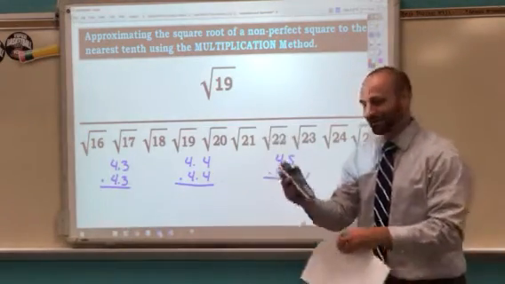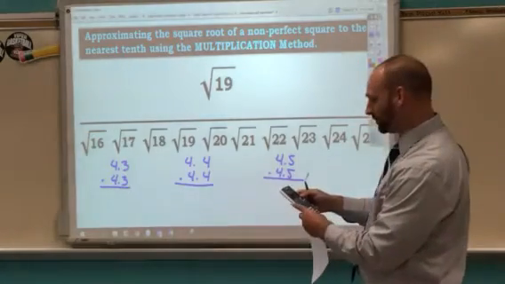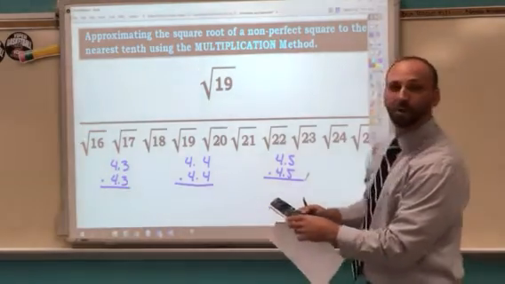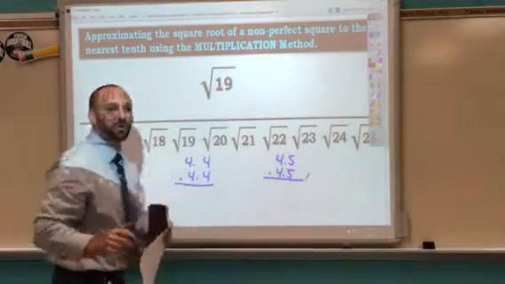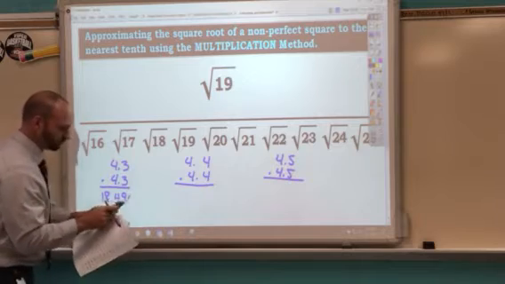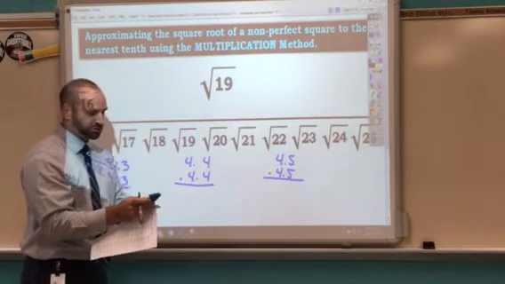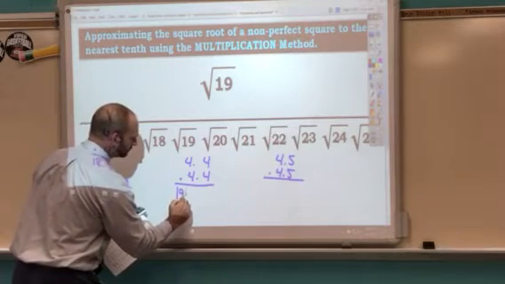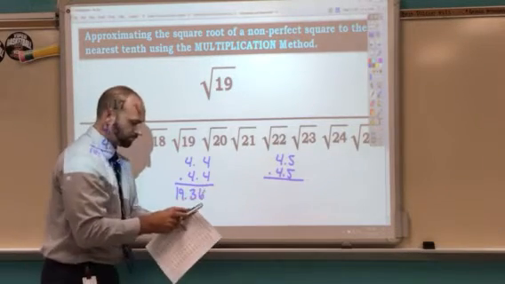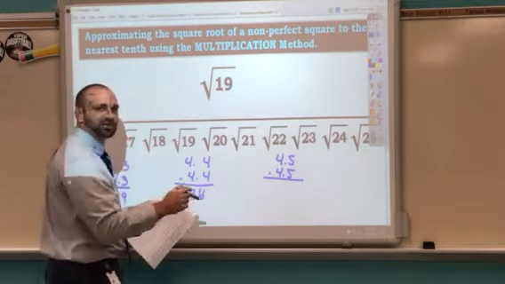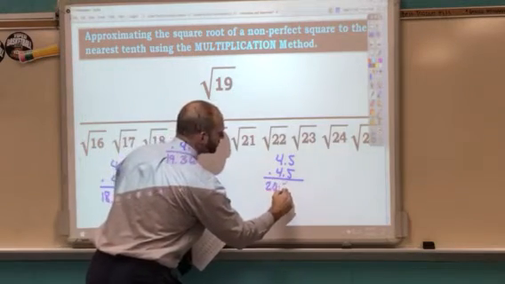I'll grab my calculator so I don't take up all this time with multiplication. So 4.3 squared is going to be 18.49. 4.4 squared, 19.36. 4.5 squared is 20.25.